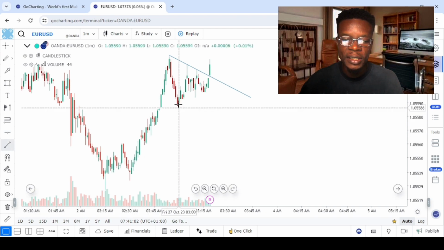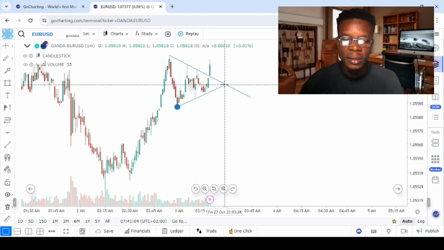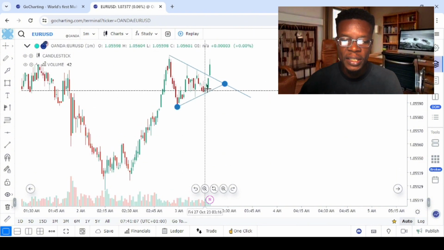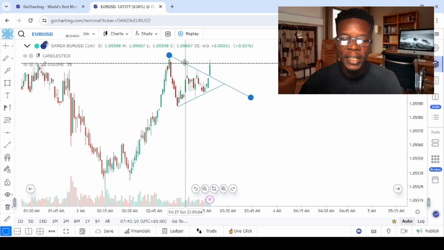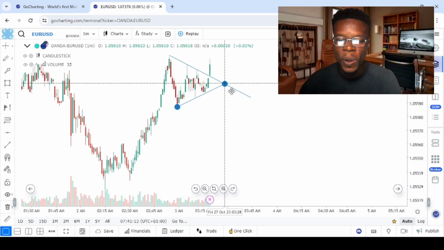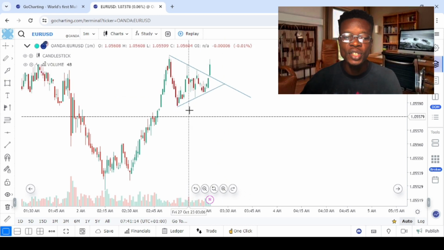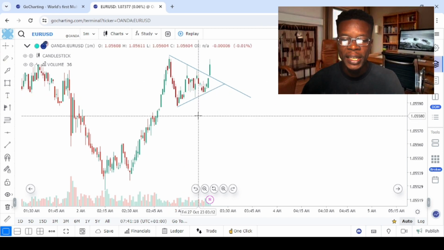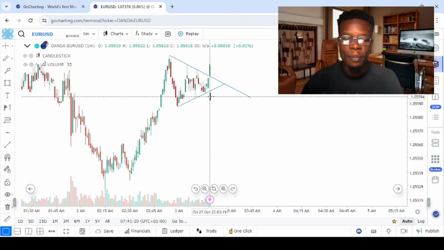You can see that this is a pattern. The price will be respecting this level on the support level, and it will also be respecting this level on the resistance level. And most times, if we have a breakout from either side, the price will tend to go in that direction for another period of time.